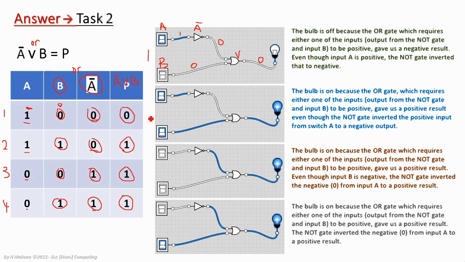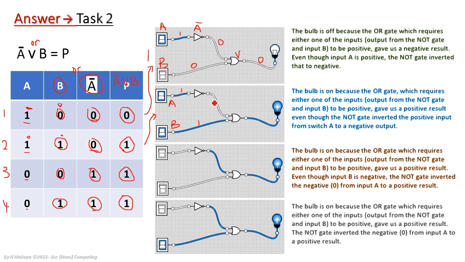On the second row, so this is the first row, and this is our second row. In this diagram, A is a 1 and B is also a 1. So that's 1, that's 1.